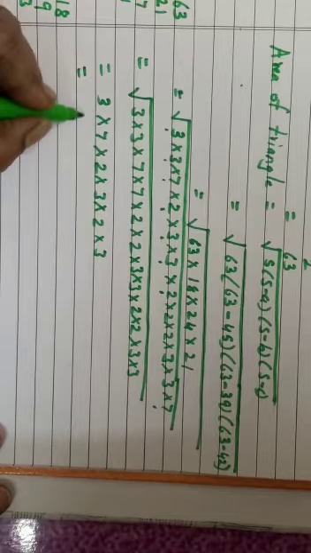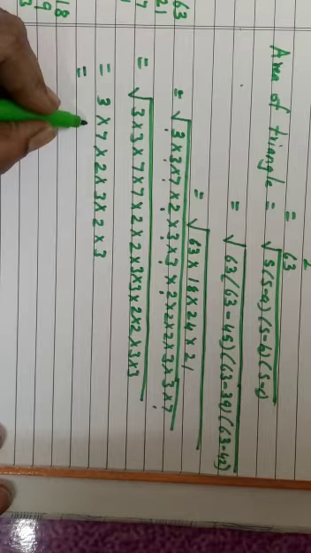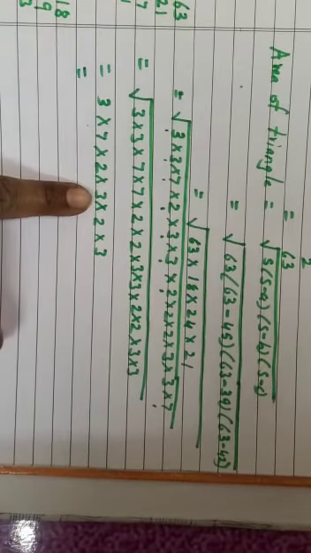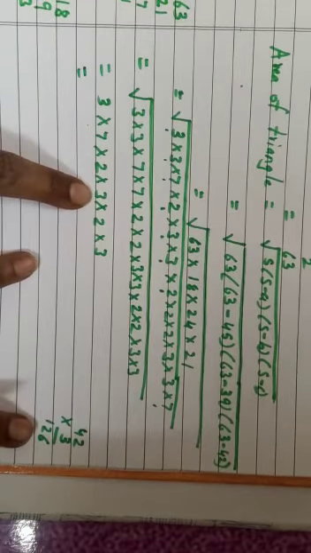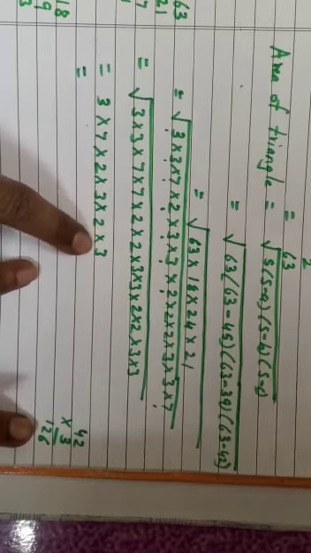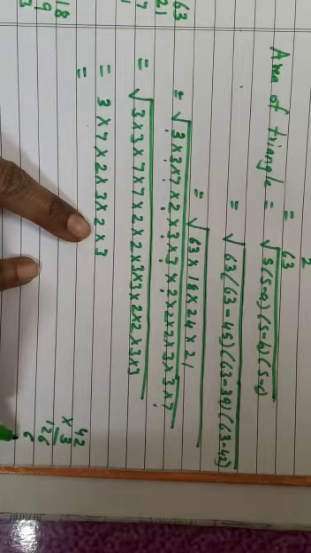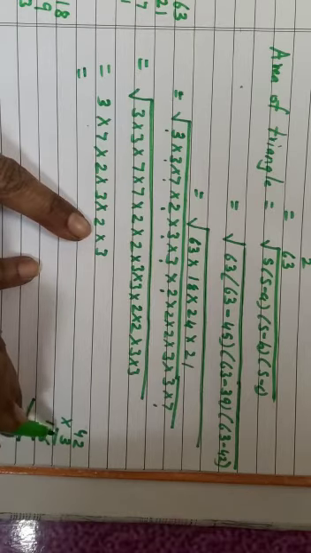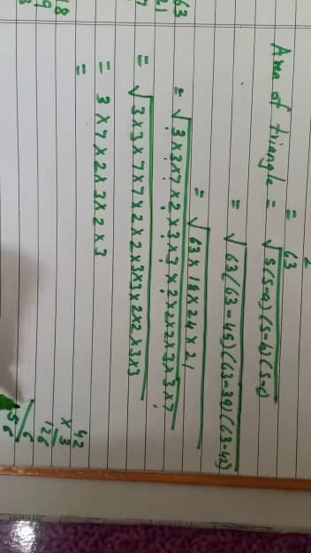Then 21 into 2 will give you 42. 42 into 3 will give you 126. 126 into 2 threes are 6, so 126 into 6 will give you 6 sixes are 36, 6 twos are 12, 12 plus 3, 15, 6 ones are 6, 6 plus 1, 7.